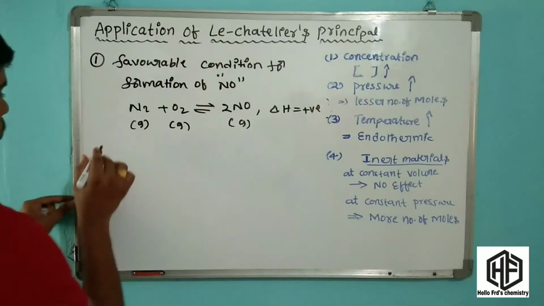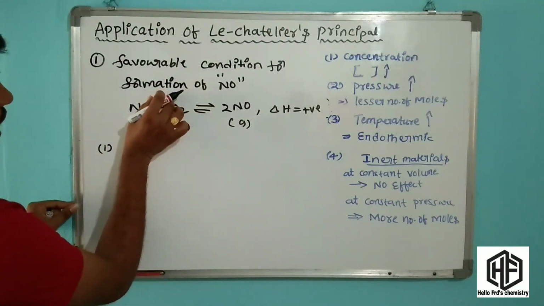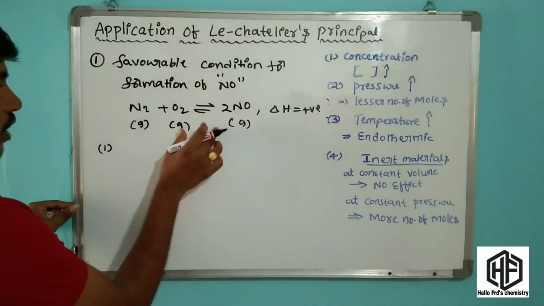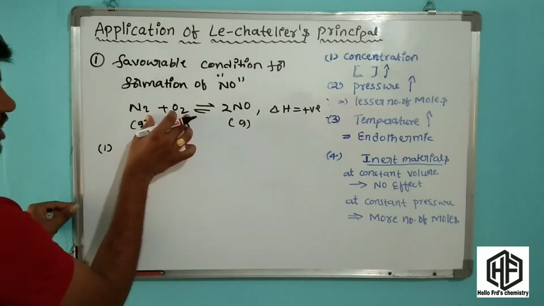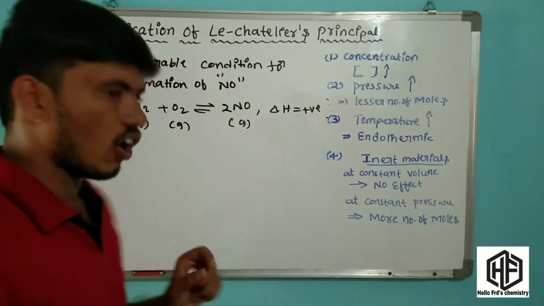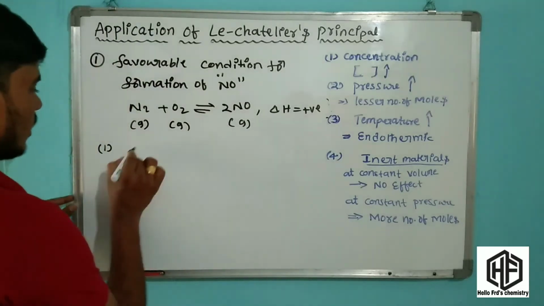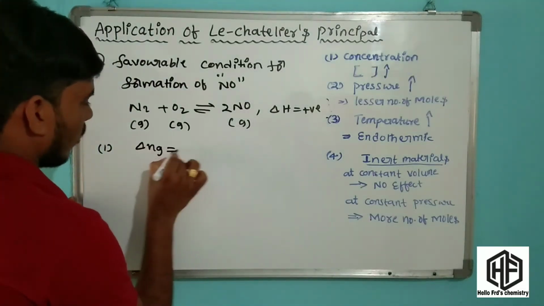Friends, pressure and temperature, what happened there? There are 2 moles of gaseous reactants and 2 moles of gaseous products. Pressure cannot affect this reaction. Delta Ng value is 0.